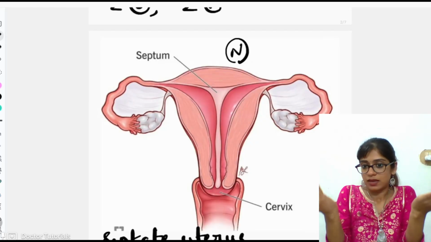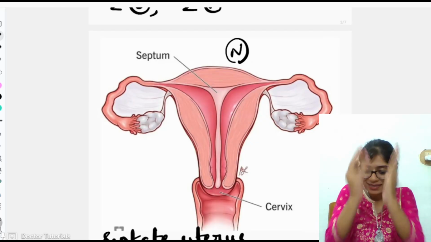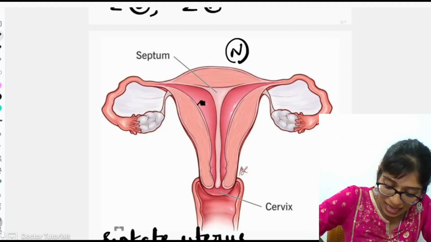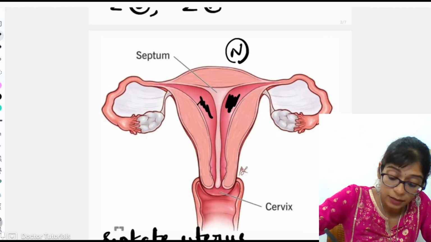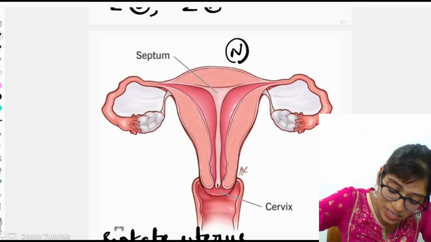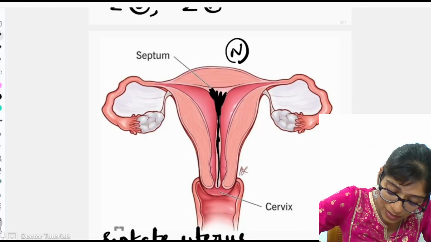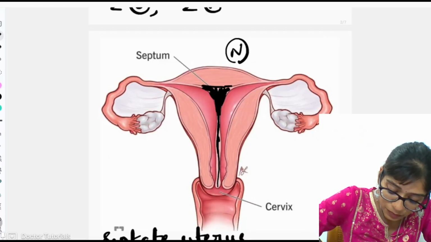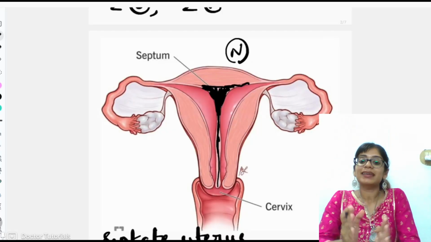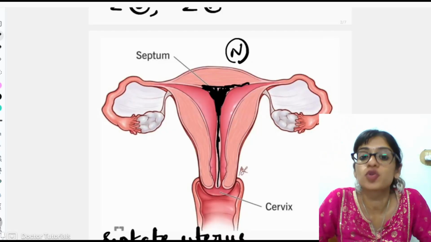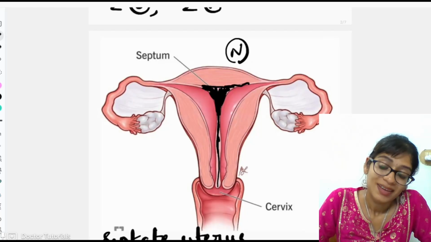But when I cut open the uterus, I can see the cavity of the uterus, the pink part you are seeing. You can see this septum separating the cavity. There is a septum here that is separating the cavity of the uterus into two. That is what I call a septate uterus.